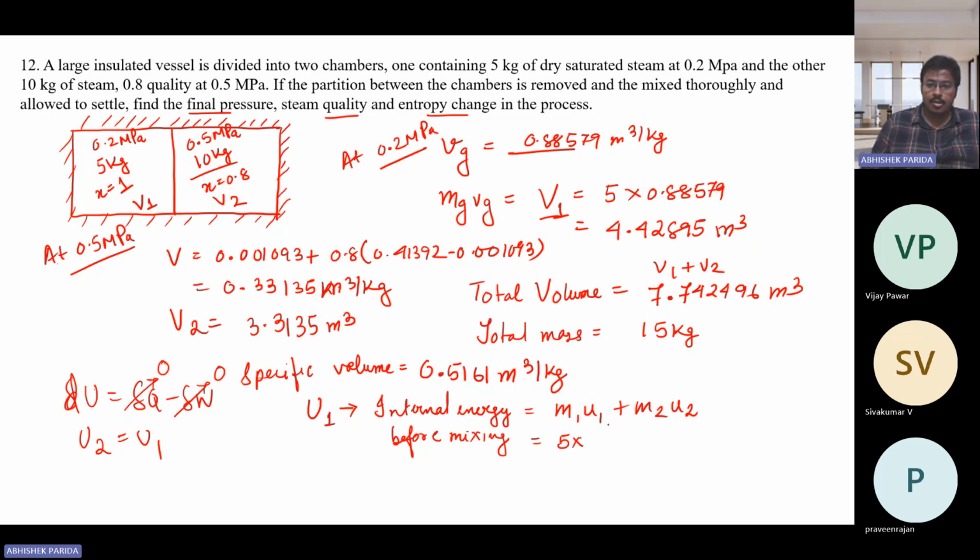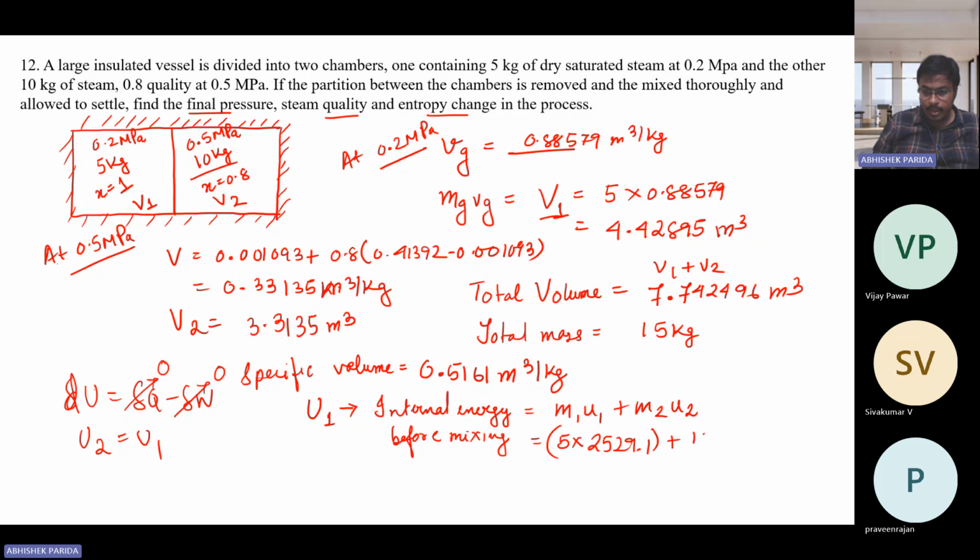This is dry vapor, so I have to check at 200 kilopascal what UG is. UG is equal to 2529.1.